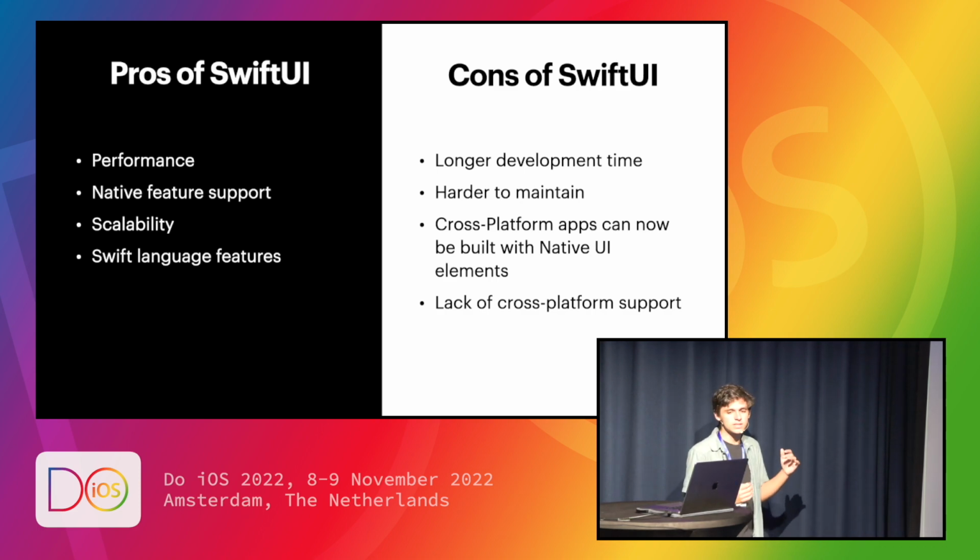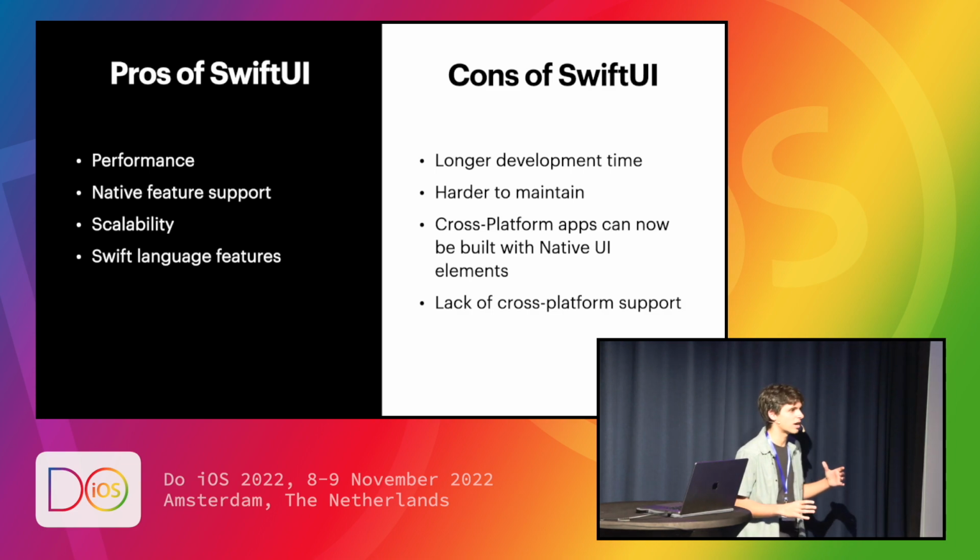Now, this has led to a couple of other issues, including developer shortages. If you don't have someone on your team who exclusively deals with iOS, then your app is most likely just going to be built using a cross-platform technology simply out of necessity.